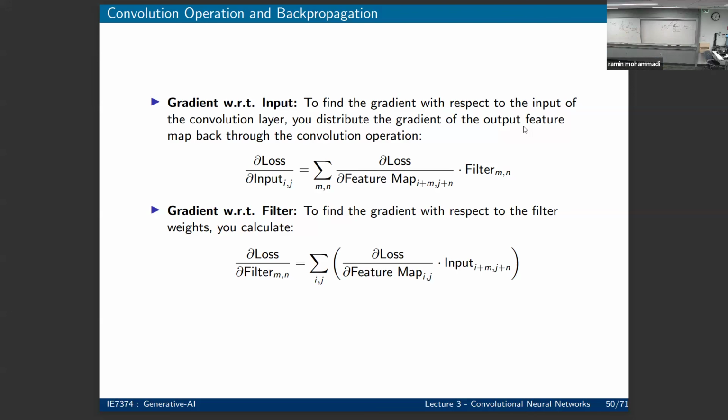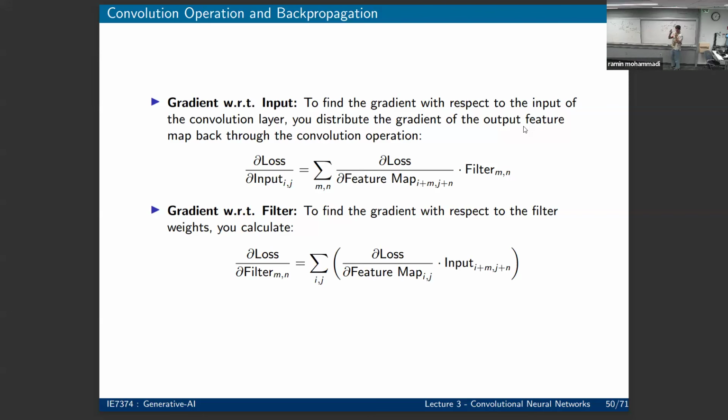So it's straightforward. The other way around, if you do it with respect to the filter, that means you're taking, let's say, the gradient with respect to this, which is the X, right? However, we also need to remember the overlapping concept.